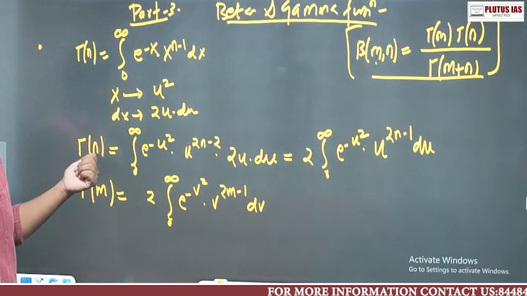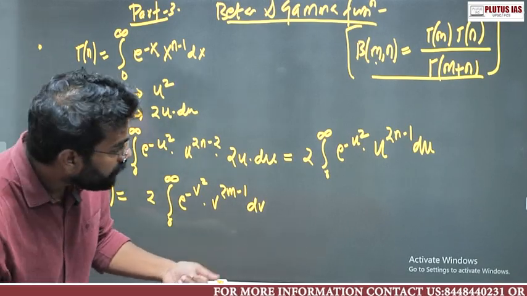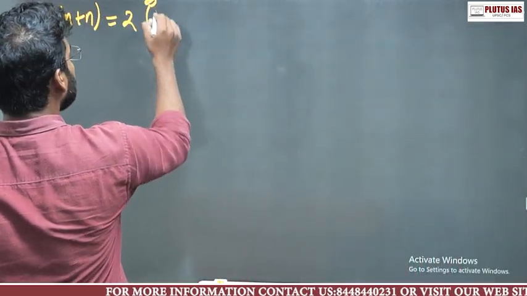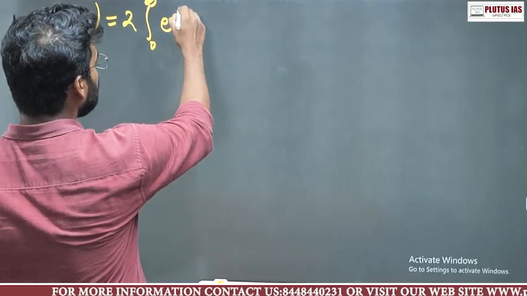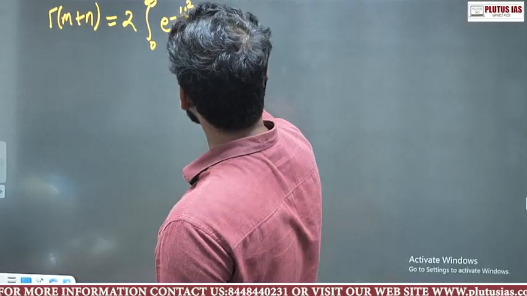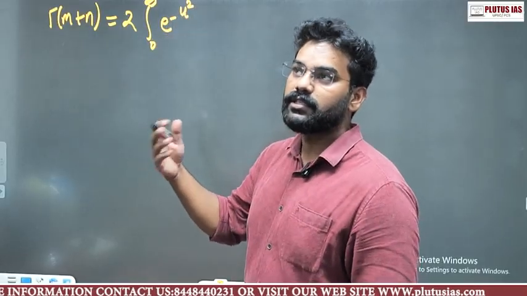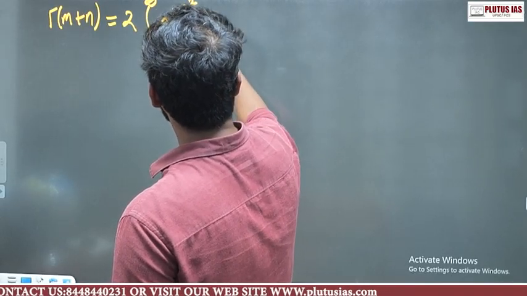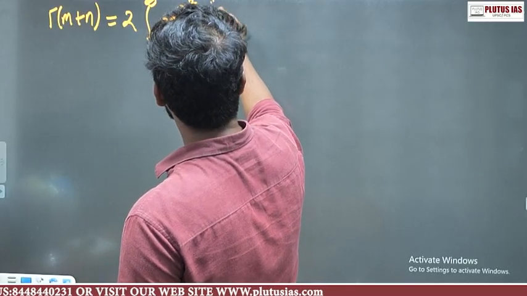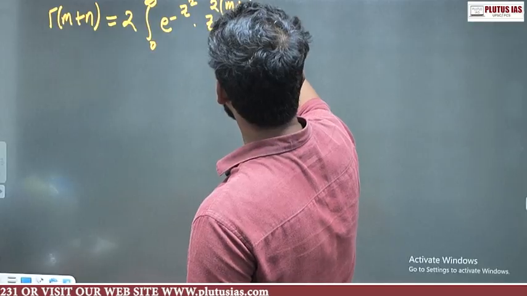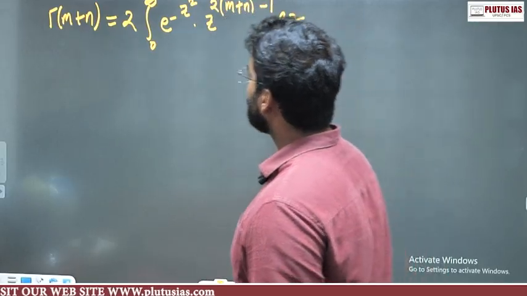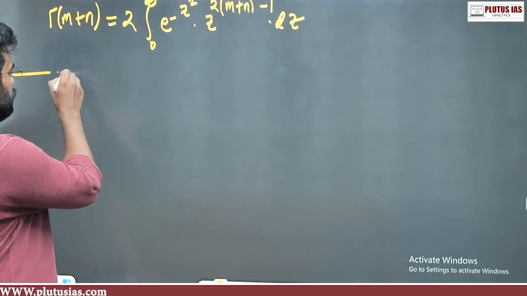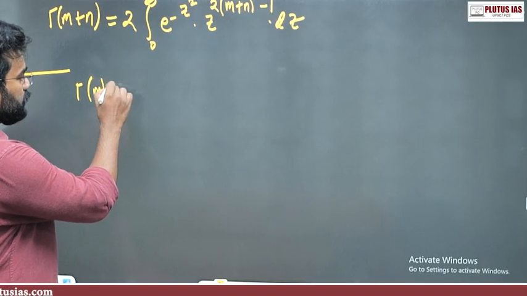So the value will become 2 times the integral from 0 to infinity of e to the power minus z square, z to the power 2 times m plus n minus 1 dz. Then we need gamma m into gamma n.